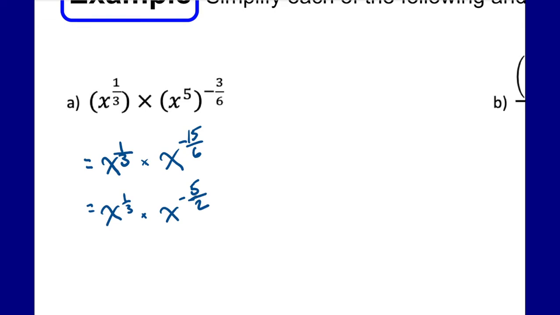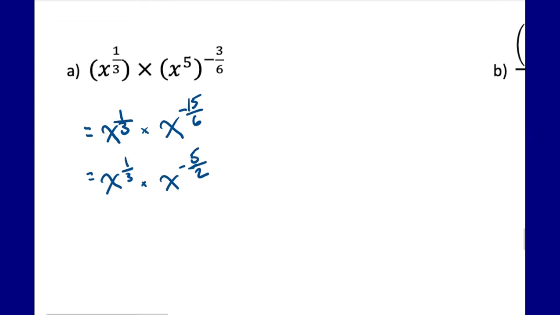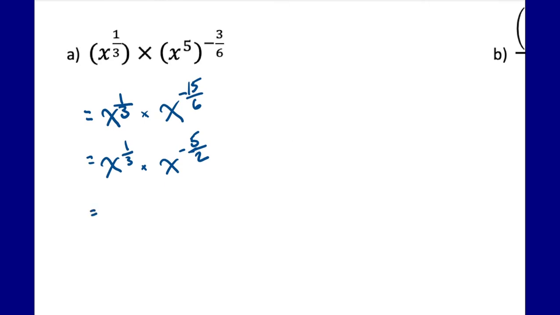So x to the power of 1/3, which hasn't changed, multiplied by x to the power of negative 5 over 2. When I'm adding or multiplying powers with the same base, I have to add the exponents. So in this case, I need to add 1/3 plus negative 5 over 2.